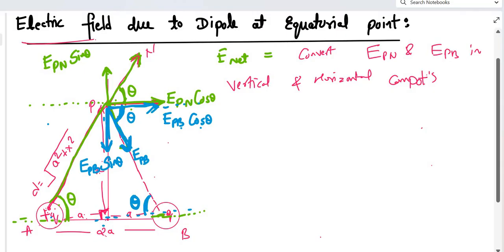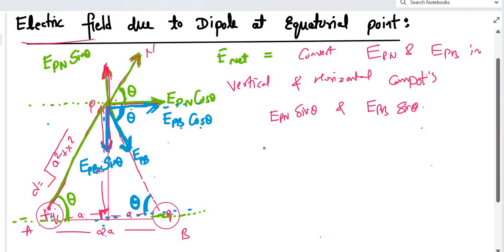So I have broken both of them into two parts. You see, this is vertical and this is vertical, and they are opposite. Can you see? EPN sine theta and EPB sine theta must be equal and opposite.